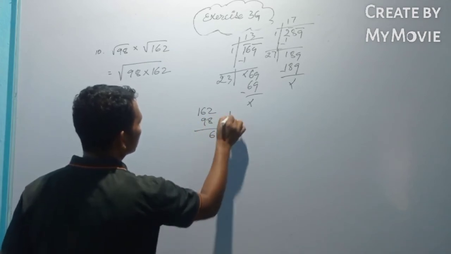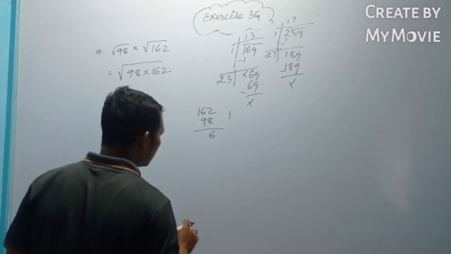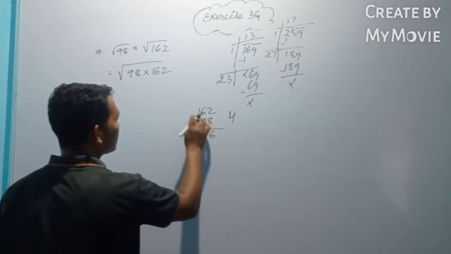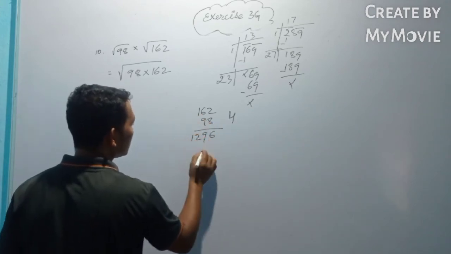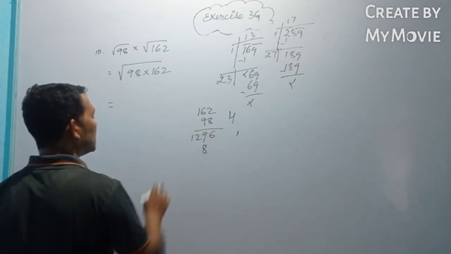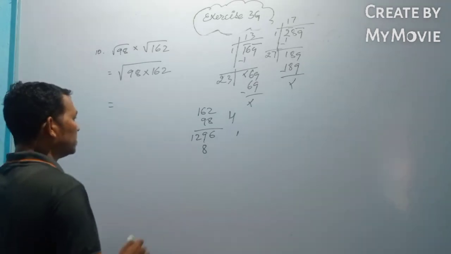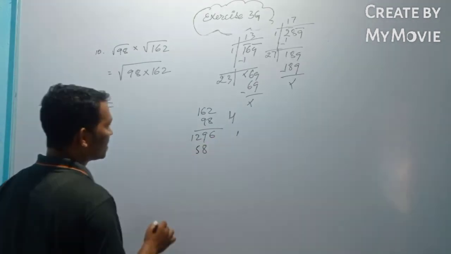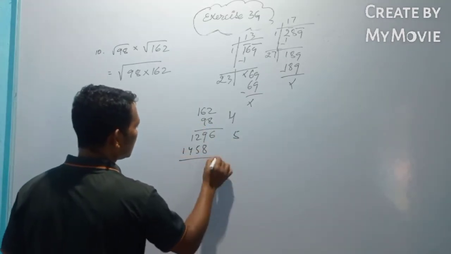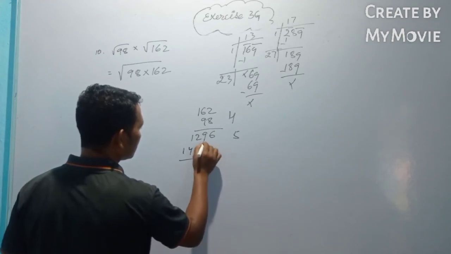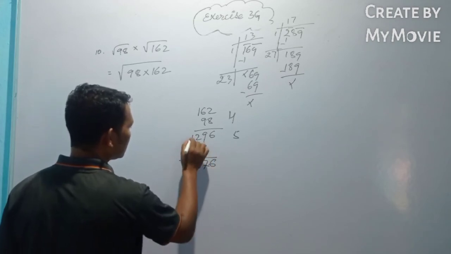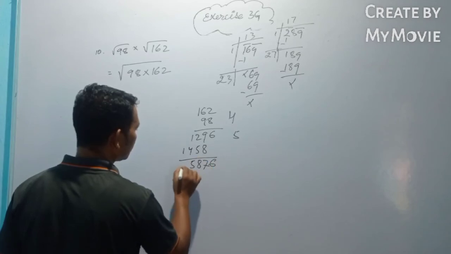8 2s are 16, 8 6s are 48, 48 plus 1 is 49, 4 carry, 8 1 is 8, 8 plus 4 is 12, 9 2s are 18, okay 18, 9 6s are 54, 54 plus 1 is 55, 5 carry, 9 1 is 9, 9 plus 5 is 14, so 6, 8, 8 16, 17, 7 plus 1 is 8, 1 plus 4 is 5, 1.